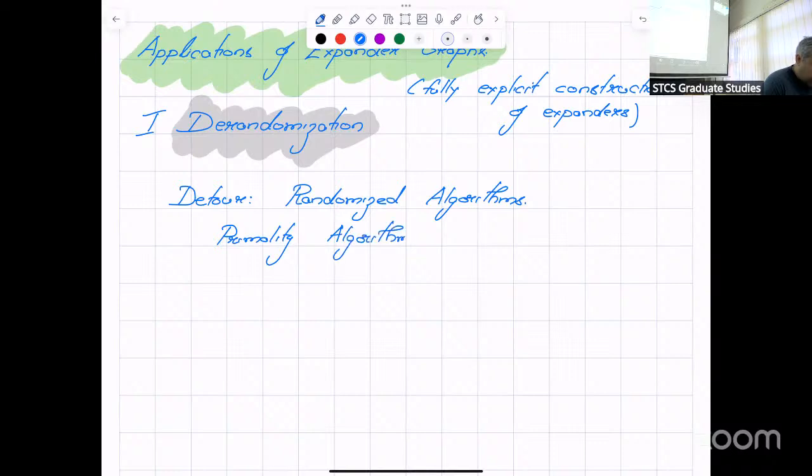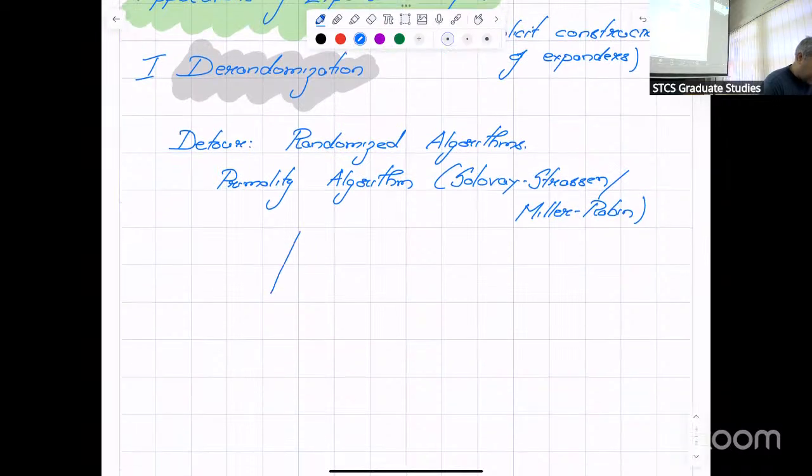And I'm talking about either Solovay-Strassen or the Miller-Rabin. I'm not going to go into details of the algorithm, but how do the algorithms look? There is this algorithm A, to which you feed the number n or the input x.